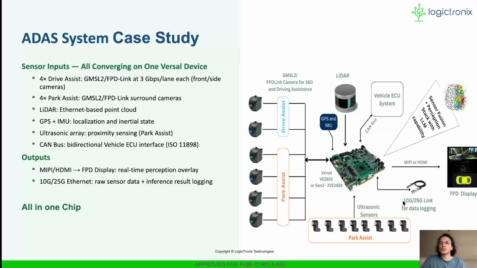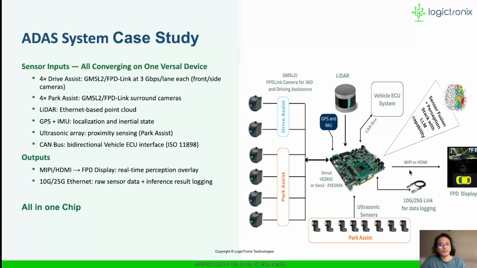So now coming on to the ADAS system case study. So this is the ADAS system that we are currently working on. As you can see, the high level architecture is shown on the right side. So it has up to 4 drive assist cameras, 4 park assist cameras. All of these are connected through GMSL to link to the device.